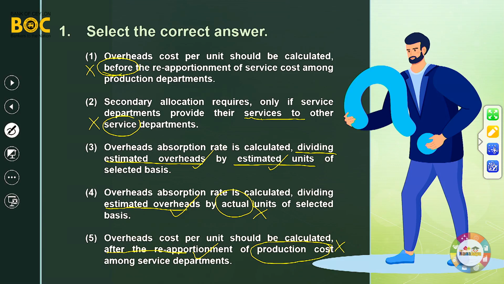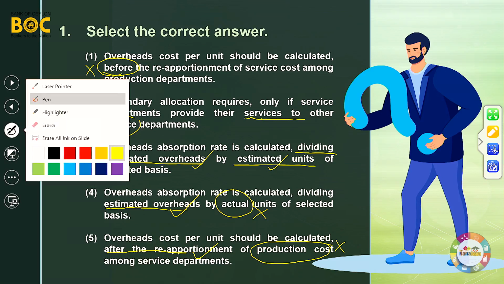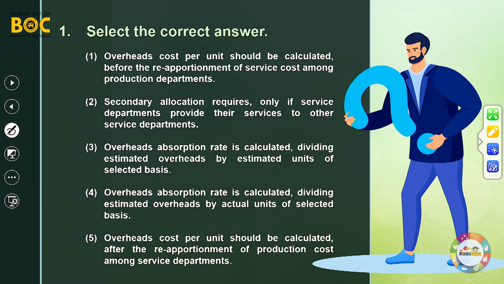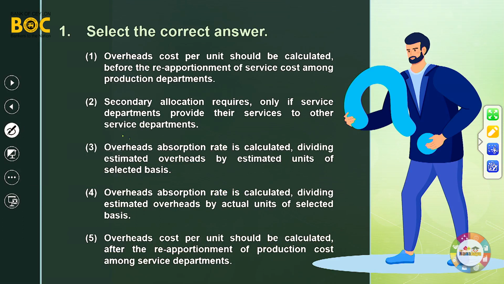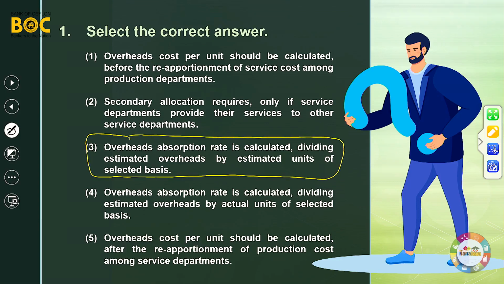You reapportion service cost among production departments, not production cost among service departments. Answer number 5 is also wrong. So we have the correct answer now. Answer number 3 is the correct answer for question number 1.